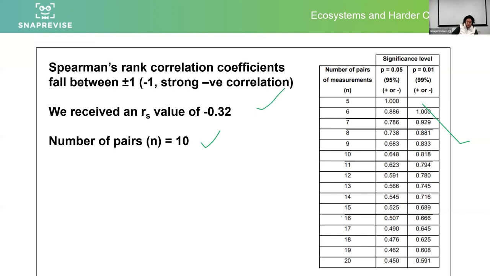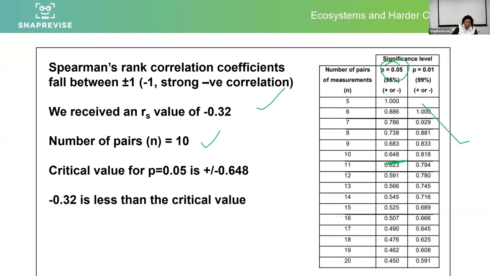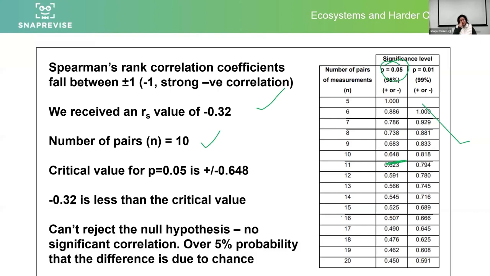And I get 1 mark for each step. And I compare the two. So for the 0.05 significance level, the critical value here is 0.648. And since my value is smaller, I cannot reject the null hypothesis. So the correlation is insignificant. It's due to chance.